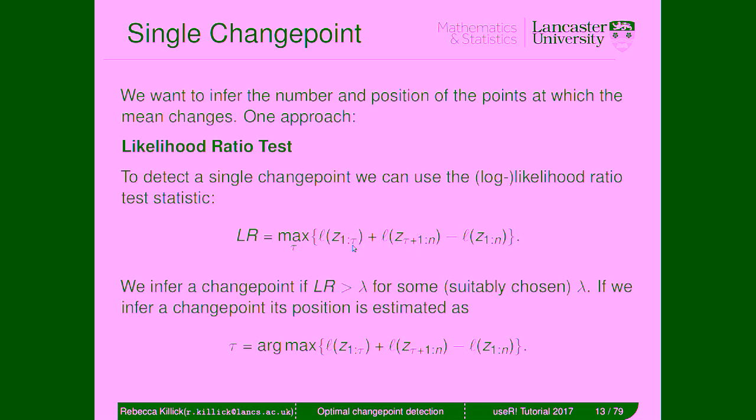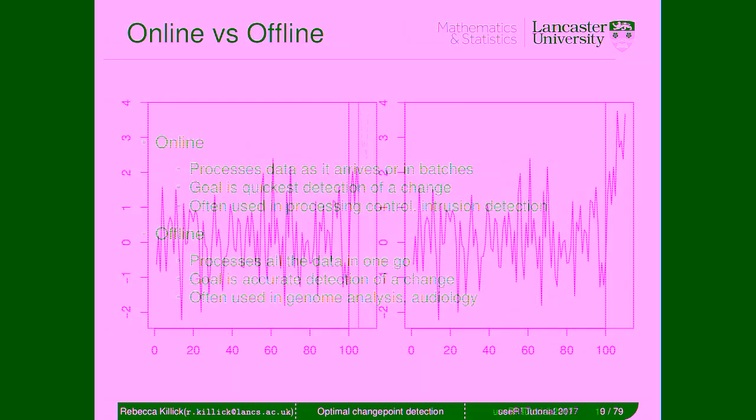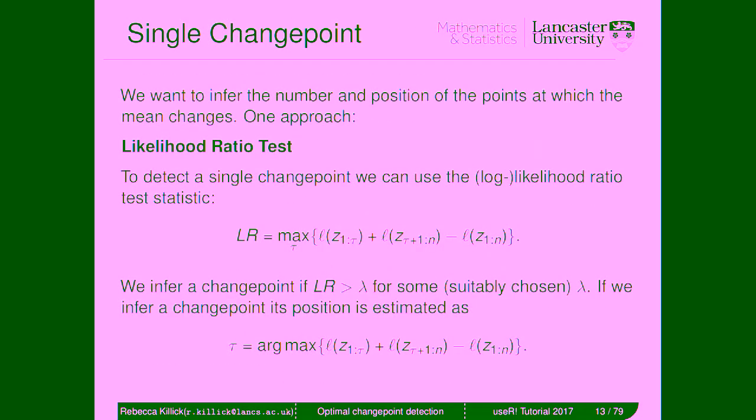That gives you the likelihood of the whole data set, and you can just add them up across the different segments. What you then do, when you've got the likelihood of the data with the change point, is compare that to the likelihood of the data without the change point, which is just the likelihood of the entire data. That's a simple comparison where you're comparing one model with the other.